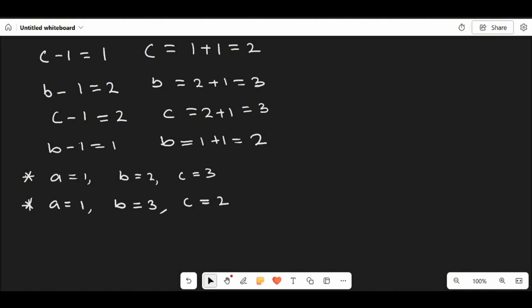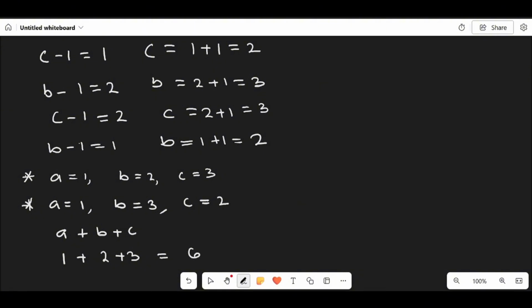Both are the same combination in different order. Let us compute a plus b plus c. Our a plus b plus c is 1 plus 2 plus 3, which equal to 6.